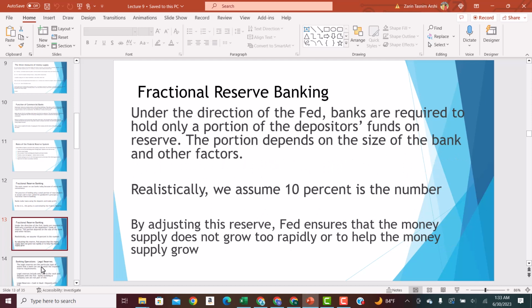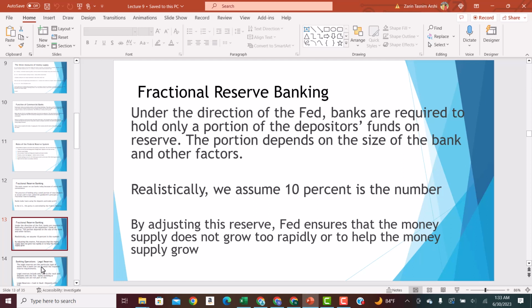So under the direction of the Fed, one way the Fed controls the money supply is they require the banks that a certain portion of the deposits they collect from the customers need to be set aside as reserve, and that reserve cannot be given out as loans.